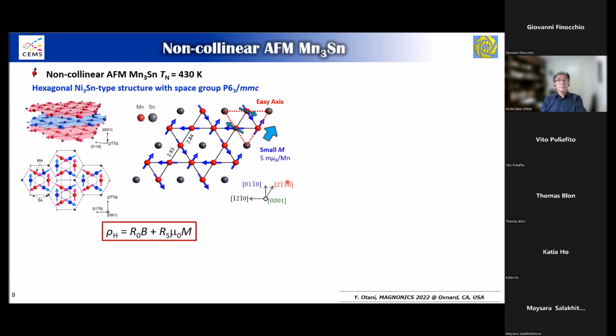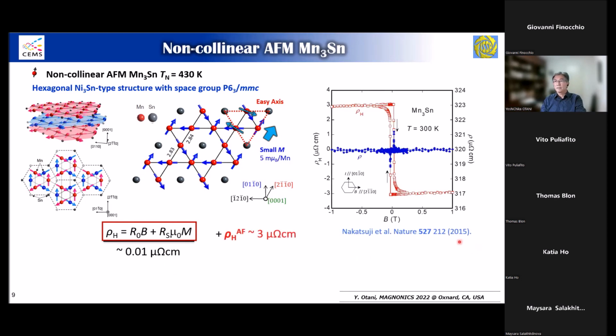If you just consider this small magnetization per manganese atom, you can expect from this empirical relationship that the response is extremely small. However, in reality, in 2015, Professor Nakatsuji's group found a huge response in anomalous Hall effect, as you can see here, at room temperature. So that's why they studied the origin of this behavior a lot.